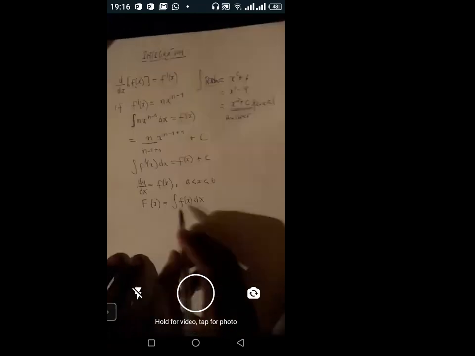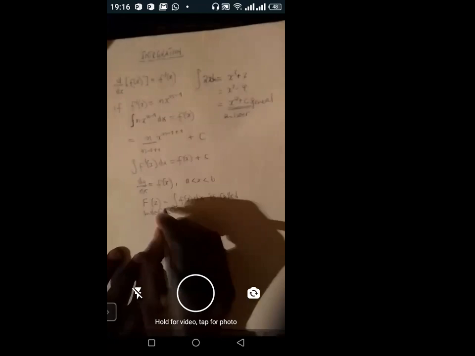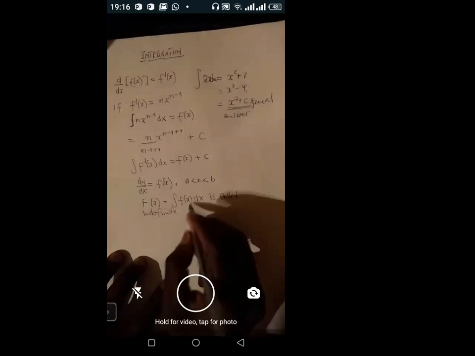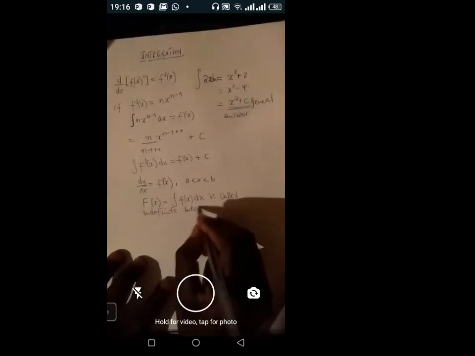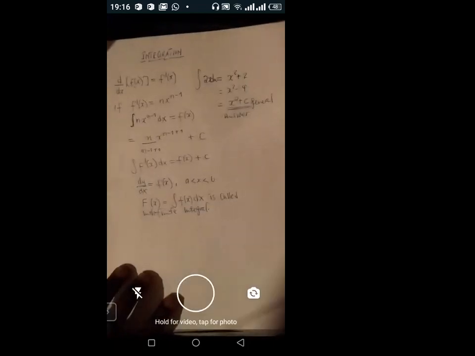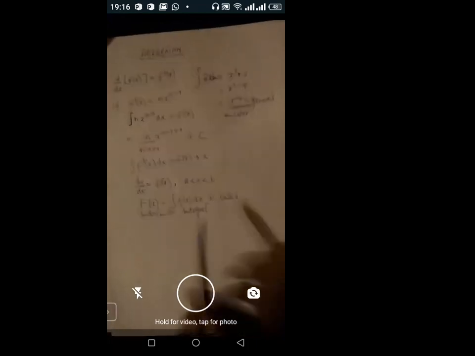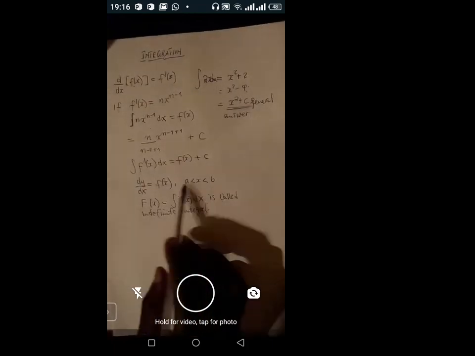This is called the indefinite integral. It is called the indefinite integral if you are integrating this function in an open interval where x is between a and b.